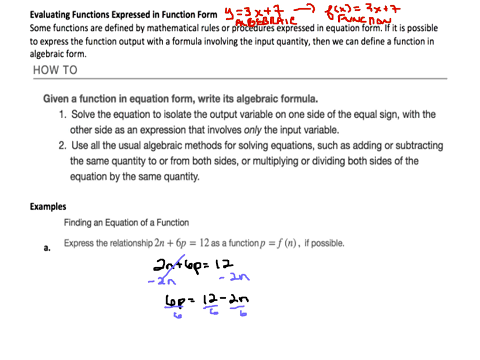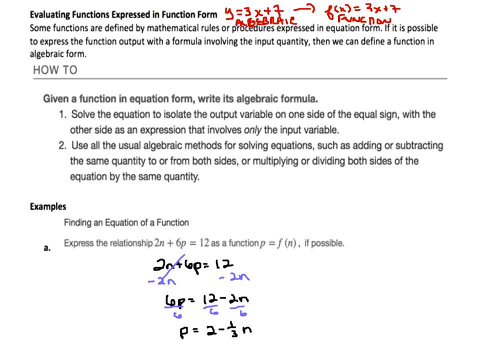And I end up with p equals 2 minus 1/3 n.